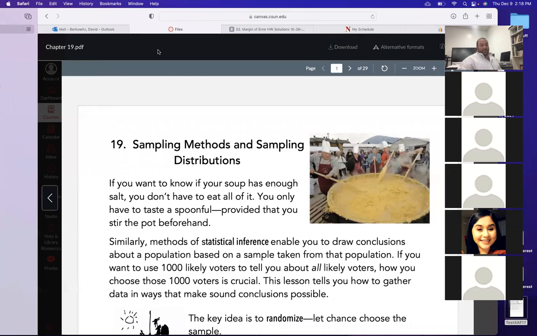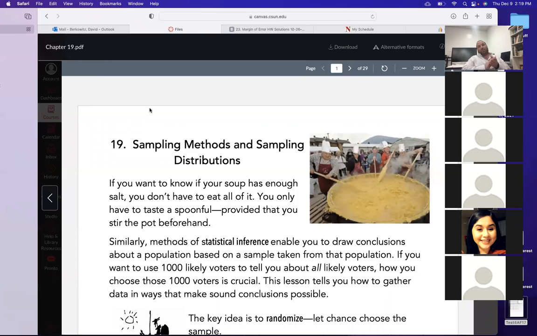So the last few chapters, 19 was on sampling methods and sampling distributions. The reason why we do statistics at the end of the day is to be able to infer and test things about the real world. So we want to be able to take samples and from those samples to make inferences about the entire population.